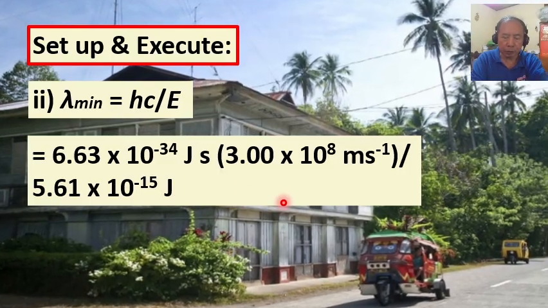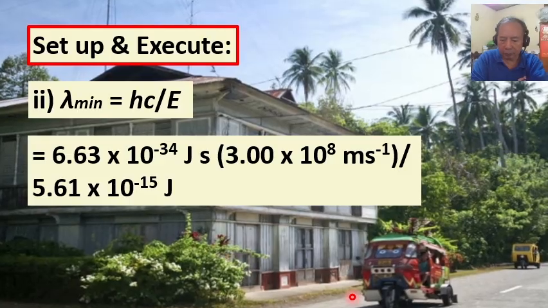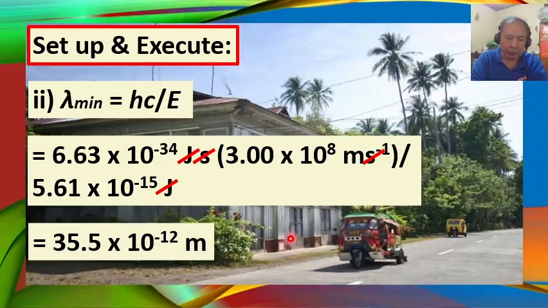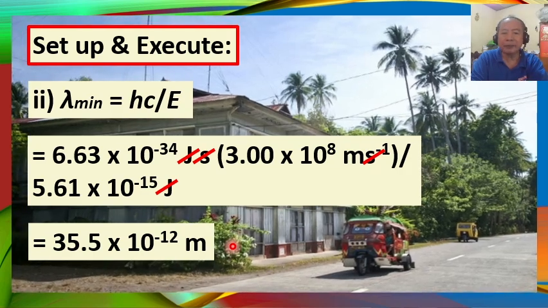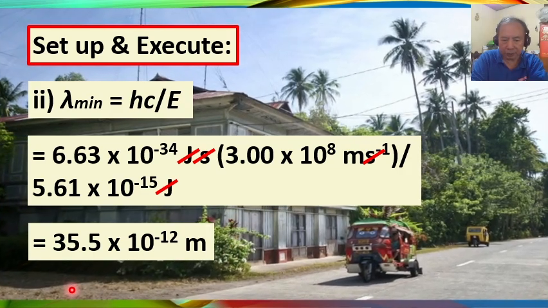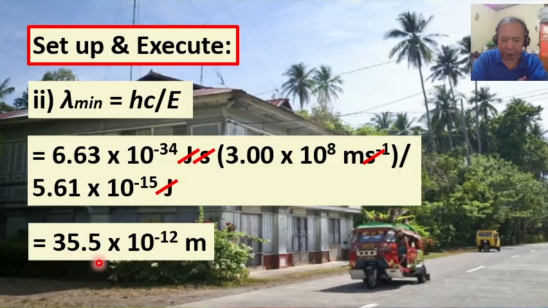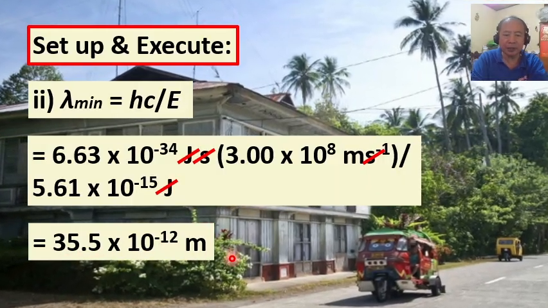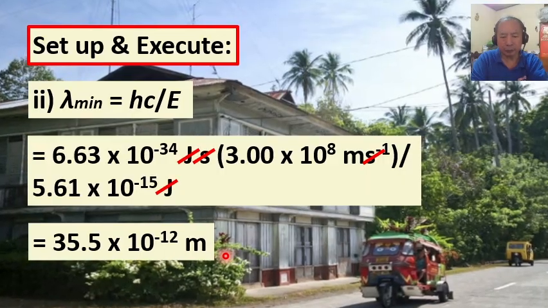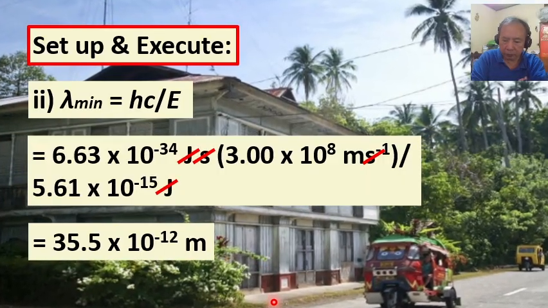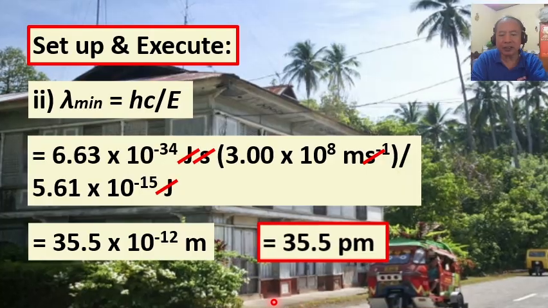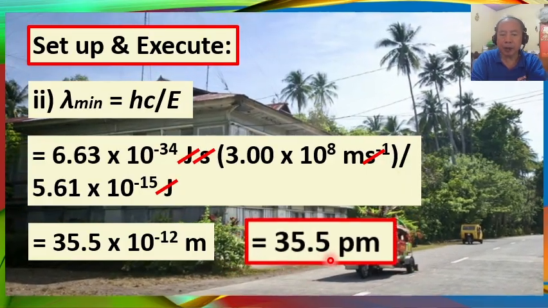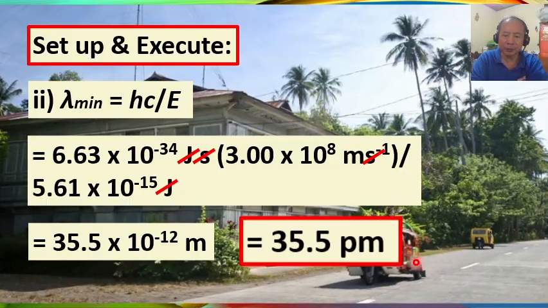So, doing our math, we get the value of the minimum wavelength lambda sub min equal to 35.5 times 10 raised to the negative 12 meters in three significant figures, which can also be expressed as 35.5 picometers.